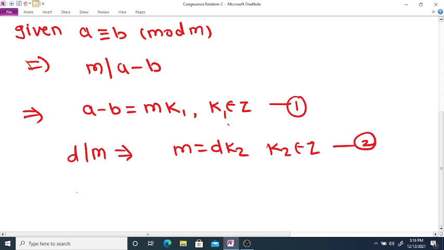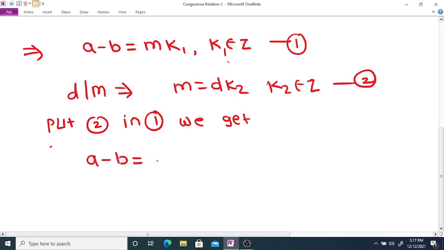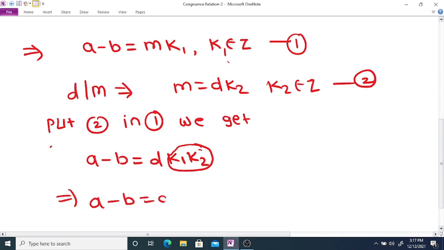So if you put equation 2 in 1, we get A minus B is equal to D times k1 k2. If we substitute k1 k2 equal to k, then we get A minus B is equal to D k, where k is also an integer.